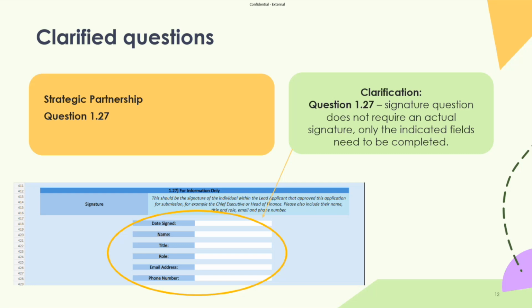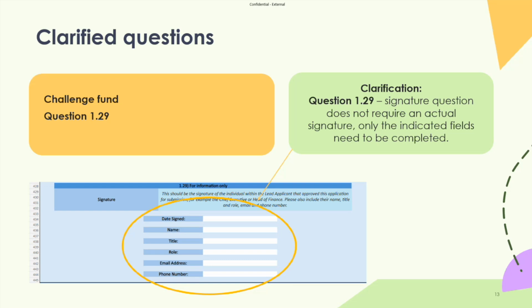So again, it's not about trying to fit a picture into there or get them to sign anything. It's just a name. For the Challenge Fund, the same question is 1.29 and the same response applies. It's not about a physical signature. It's just about putting the person's name and contact details in there so that there's a reference point for anybody to contact.